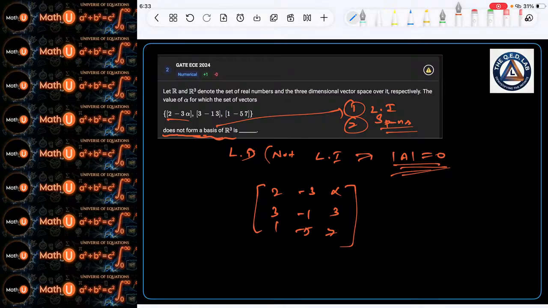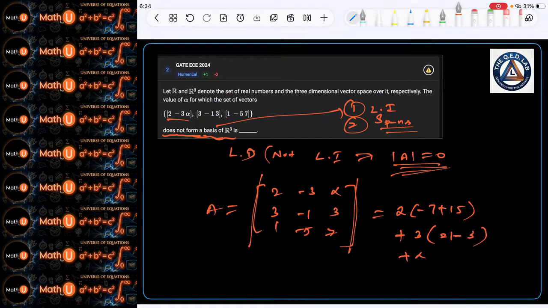Just simply find the determinant of this. What is the determinant we get? If you expand this one, we get 2 minus 7 plus 15, minus 3 times of minus 21 plus 3, and plus alpha minus 15 plus 1.